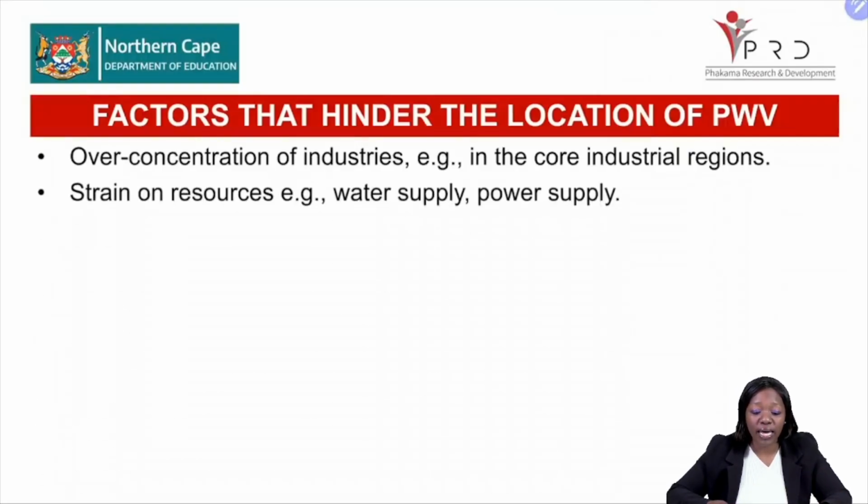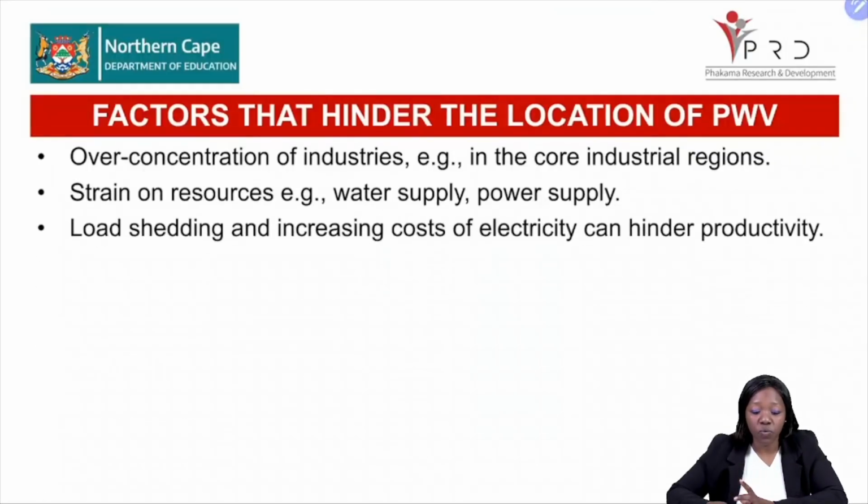Then we're looking at the strain on resources. We are saying there are so many industries that need electricity because the technology is advanced now. They are using machines that use electricity, and they are manufacturing or processing. So they need water to manufacture. They need water to cool their machines. So therefore, resources like water and electricity become overused.